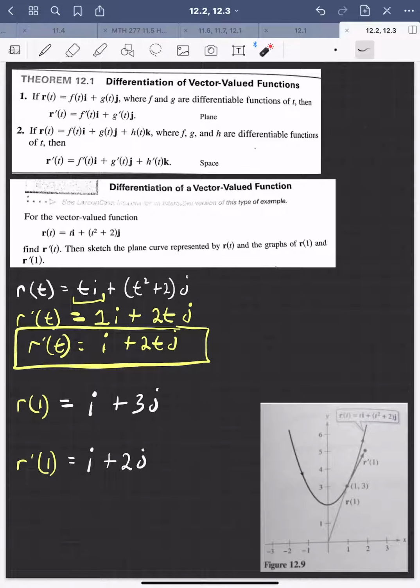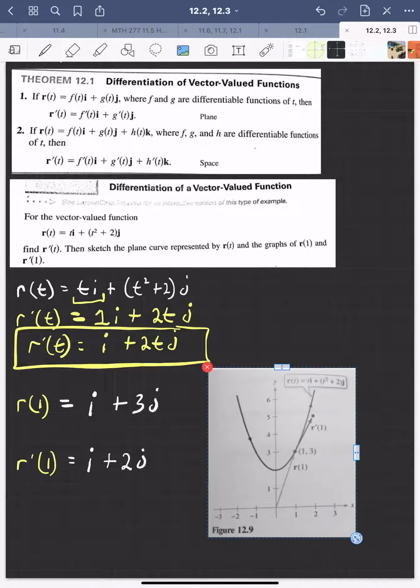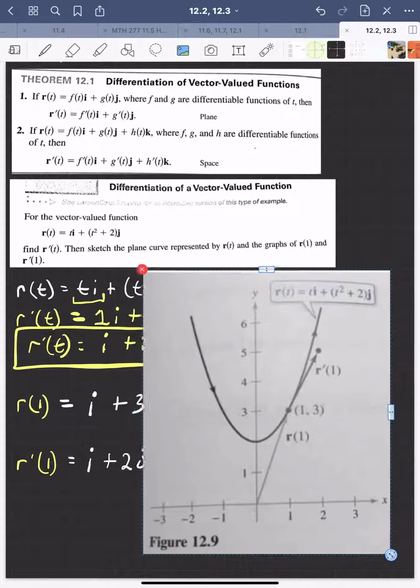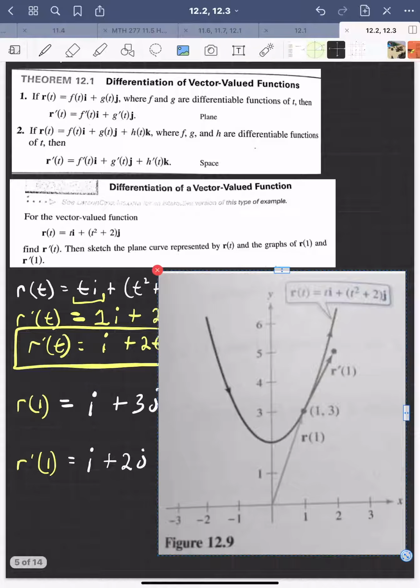All right, so congrats, at this stage you can take derivatives of vector valued functions. But what the heck is a derivative of a vector valued function? Geometrically, what are we doing? I need to see the geometry here in order to understand it.